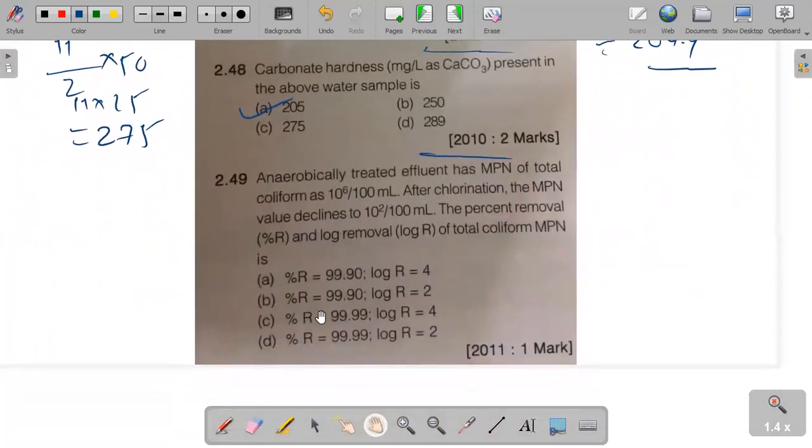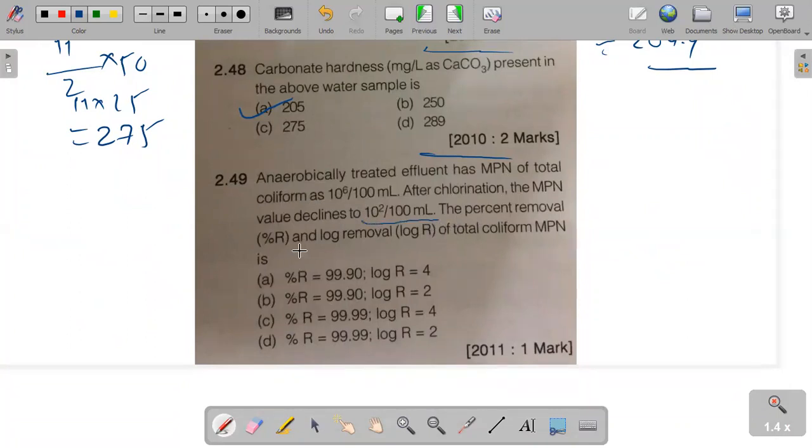Let's move on to the next question, which is basically from MPN, most probable number. Anaerobically treated effluent has an MPN of total coliform of 10 to power 6 per 100 ml, and after chlorination, the MPN value declines to 10 to power minus 2 per 100 ml.